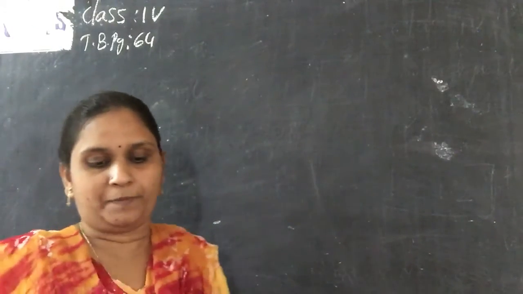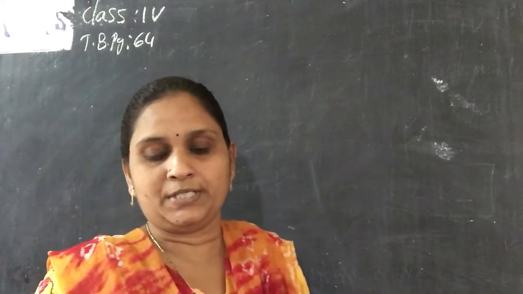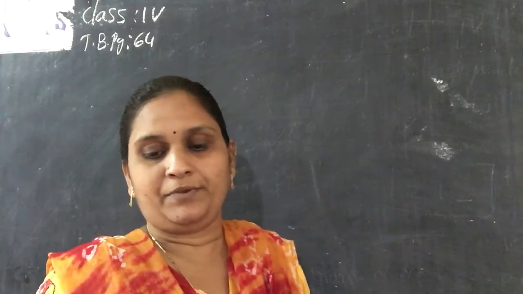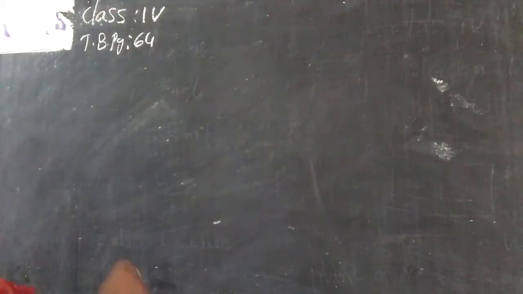Now open textbook page number 64, section 1. Find the quotient and the remainder without working it out. So here one technique we have to follow.